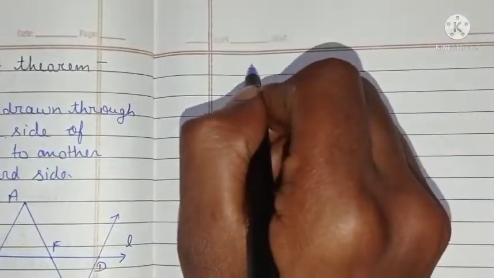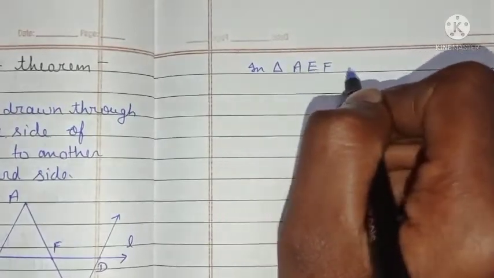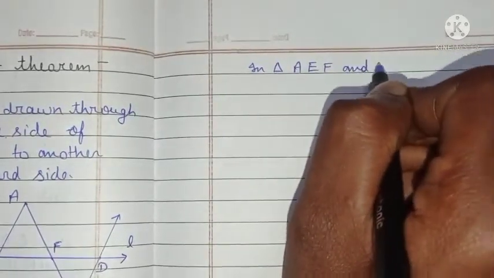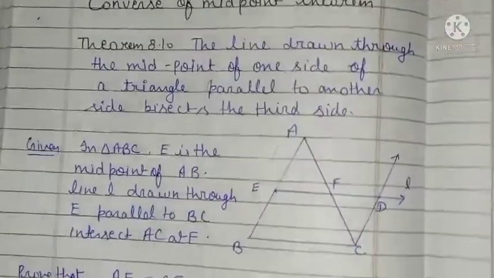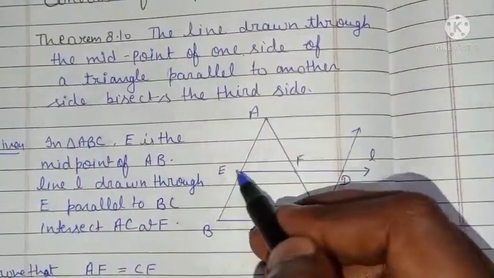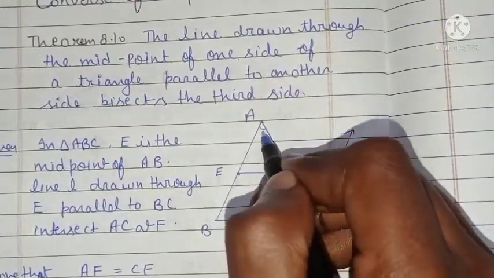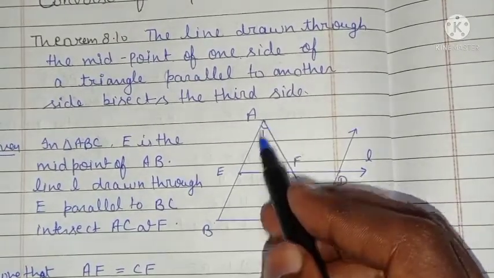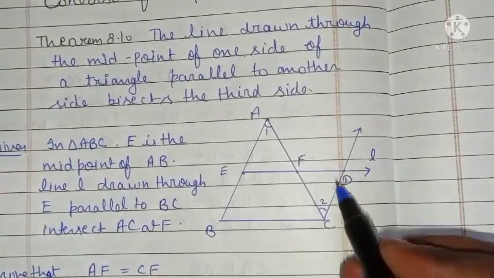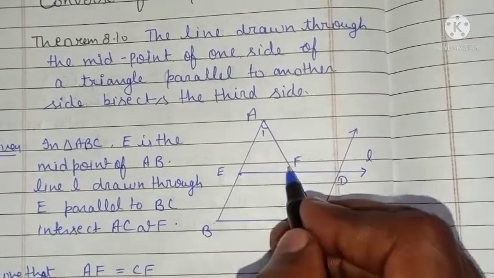Now in triangle AEF and triangle CDF, angle 1 equals angle 2 because AB is parallel to this line, alternate interior angles.